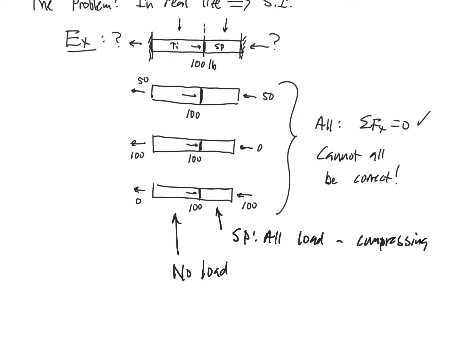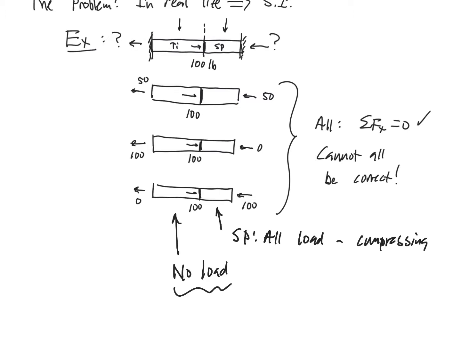And the amount that it's going to compress is PL over AE. So 100 times its length divided by its area divided by its modulus of elasticity. On the other hand, this bar, the titanium, if there's no load, there's no axial stretch or compression.